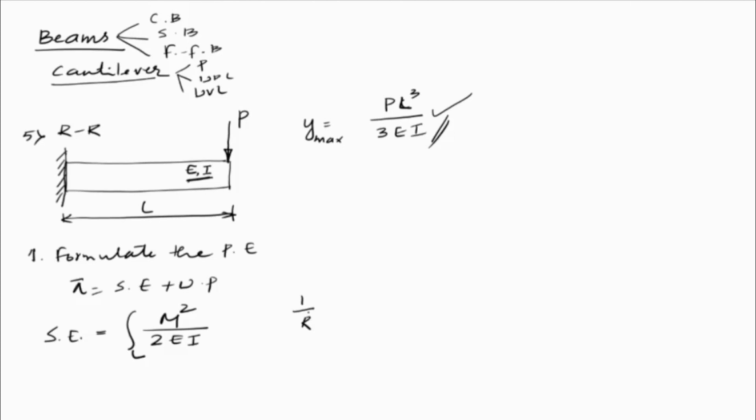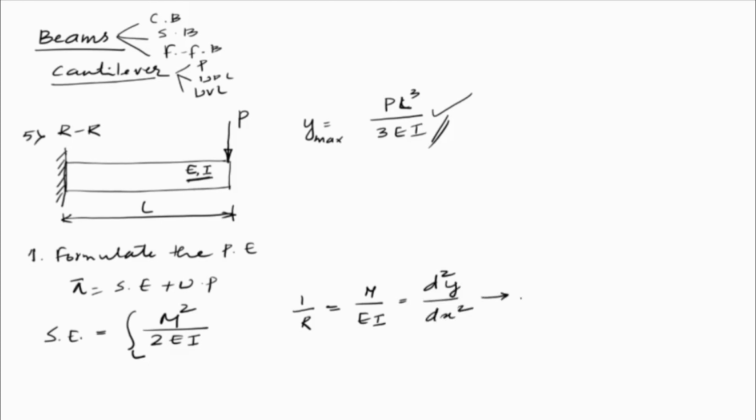Just like the bending equation and torsion equation, I have a deflection equation, which is given by 1 divided by R is equal to M divided by EI. Once again, you will get this equation in any mechanics of materials book. So 1 divided by R is equal to M divided by EI, which is equal to d square Y divided by dx square.